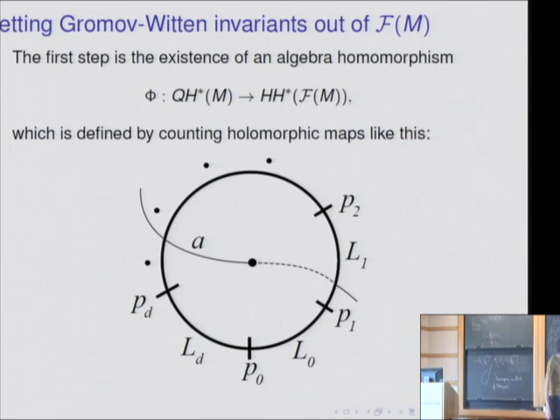So this counts holomorphic disks, with boundary on some Lagrangians, with intersection points corresponding to some Hochschild cochain, sending P1 tensor P2, and so on, around to tensor PD to P0. And we have some internal marked point constrained to lie on some cycle Poincaré dual to a generator of quantum cohomology here. Okay, so it's not obvious why this is an algebra homomorphism, but it is.